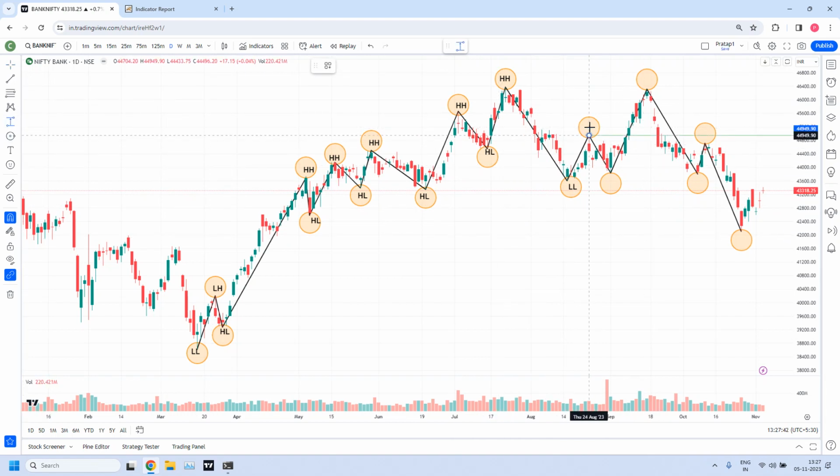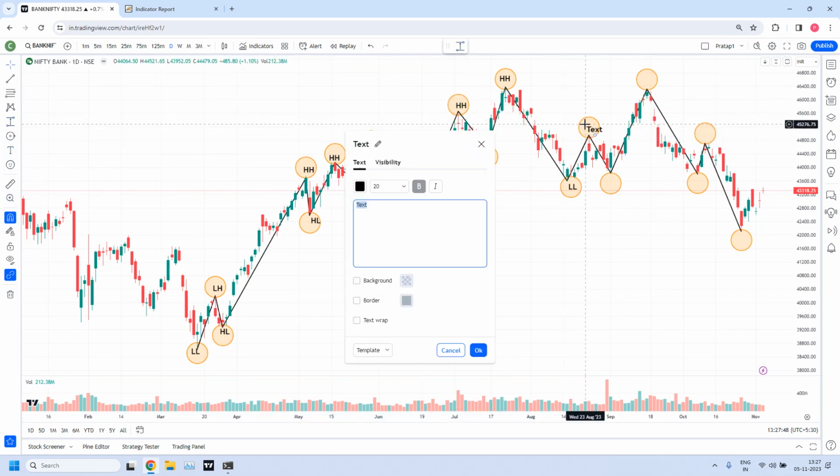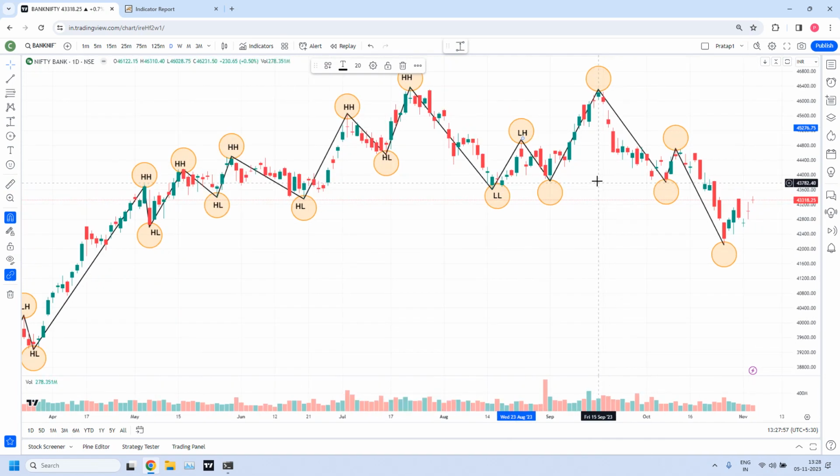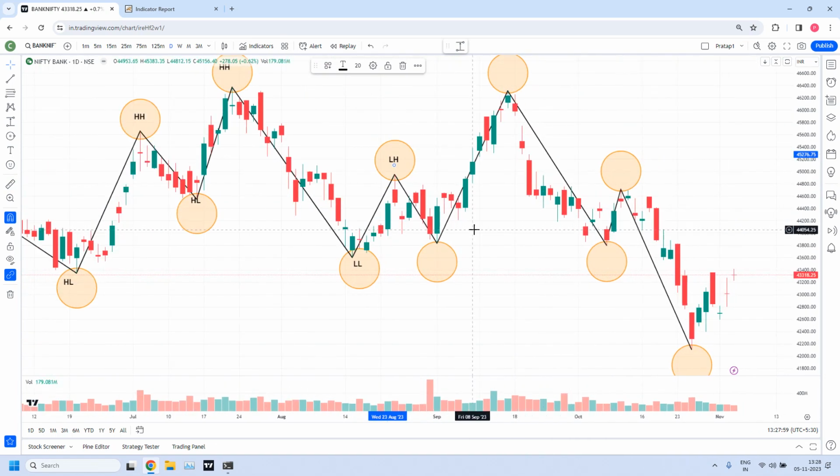And this is lower high. And what about this? It is looking like almost equal high. But see, if we add the buffer, no, it's not equal high. This is the low.